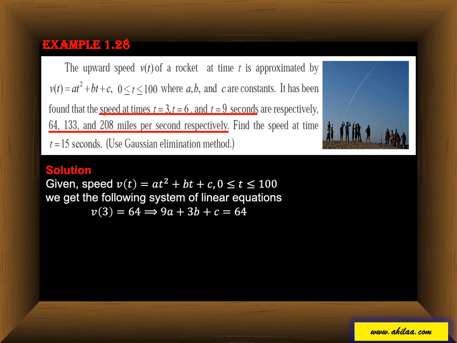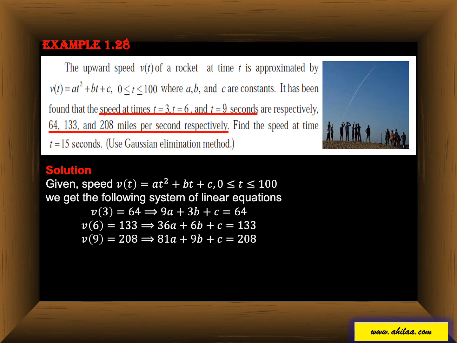So our first equation is v of 3 equal to 64. So instead of t, substitute 3. So we are getting 9a plus 3b plus c equal to 64. Similarly, v of 6 equal to 133. So 36a plus 6b plus c equal to 133. v of 9 equal to 208. Therefore, 81a plus 9b plus c equal to 208.